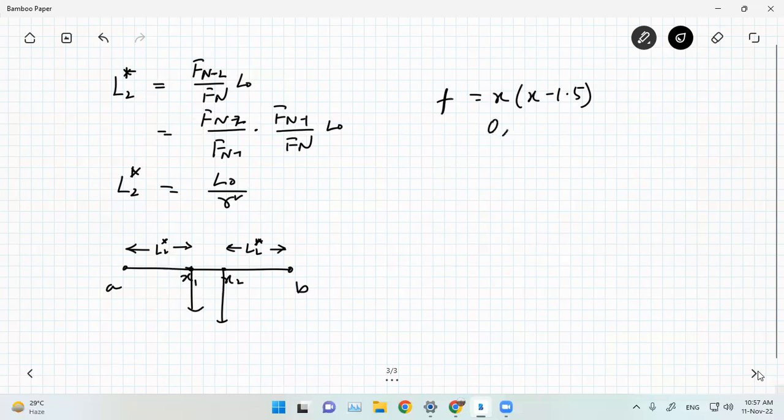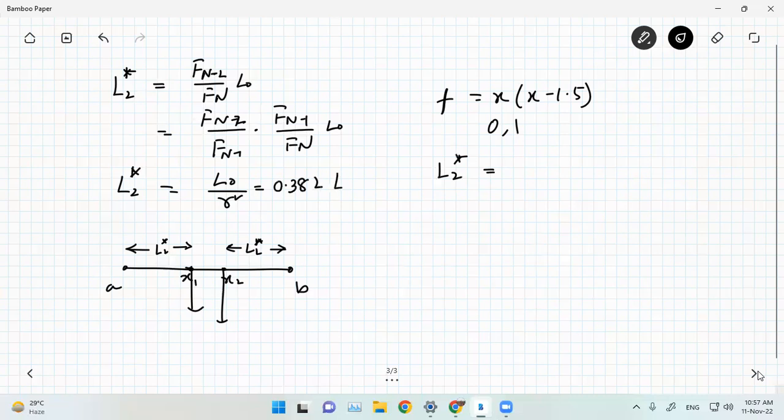So the interval was 0 and 1, and based on our formula, we can find our L2 star, which will be 0.382 L0 if you apply the values of the golden ratio.